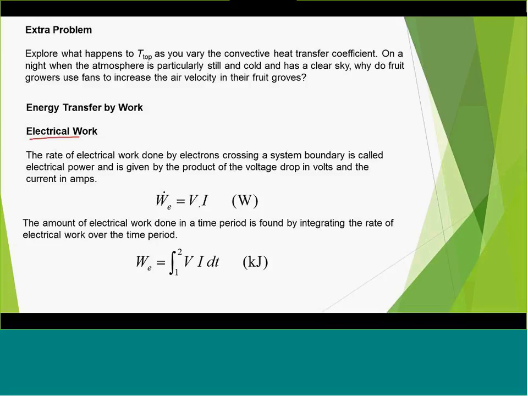The unit is still the watt. The amount of electrical work done over a period of time dt is in kilojoules. So there are two parts: the rate of electrical work done by the electrons, and the work done within a period of time.